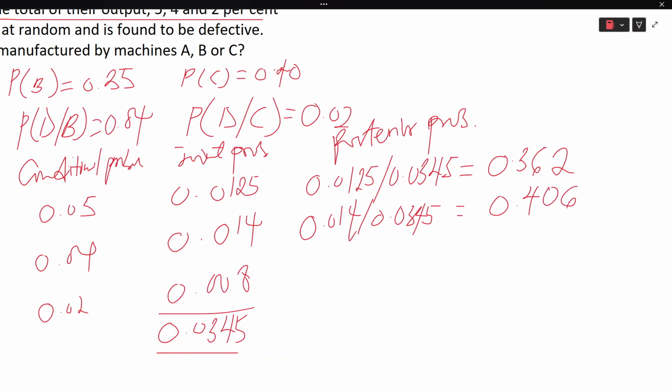Last one is 0.008 divided by 0.0345, which is 0.232. And when you add the probabilities, you get 1.